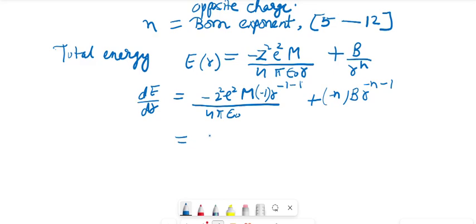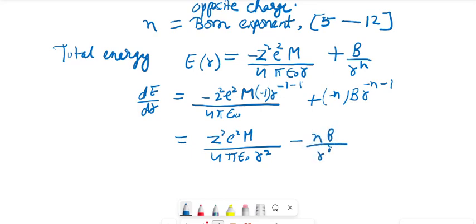So that becomes equal to Z square e square M divided by 4 pi epsilon naught R square minus nB R to the power n plus 1.